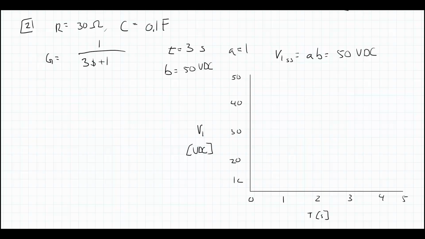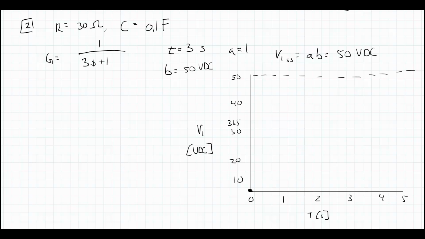Not quite to scale. Our system is going to have that same steady state value at 50 that it's going to asymptotically approach. It's also going to start at 0, but now the next point, our time constant, will be different. Here we're going to have a time constant at 3 seconds, which is when it's going to hit that 31.5 volts.